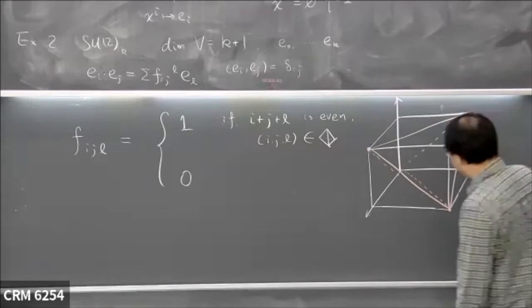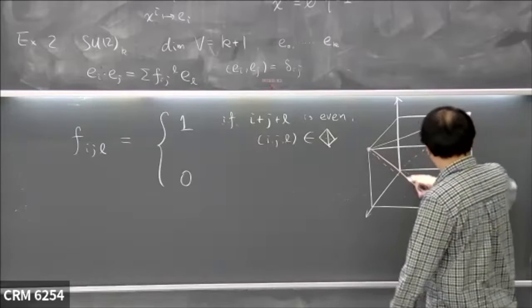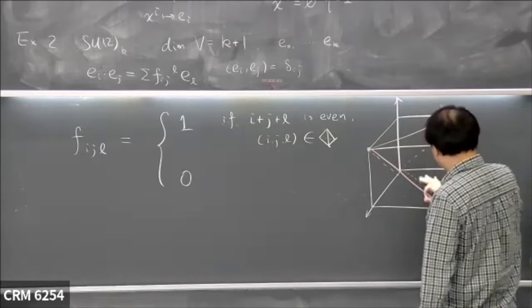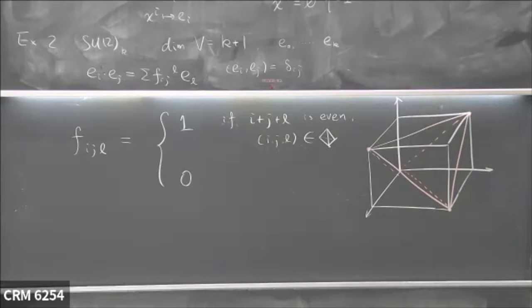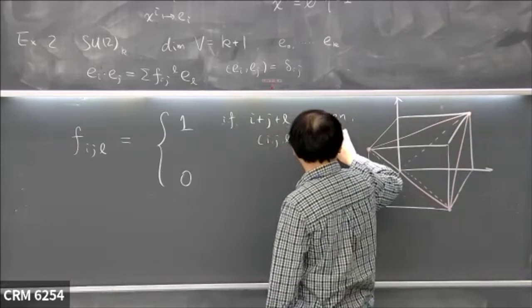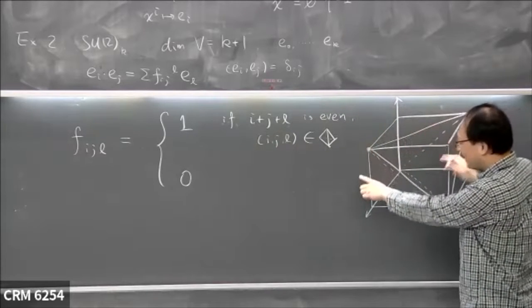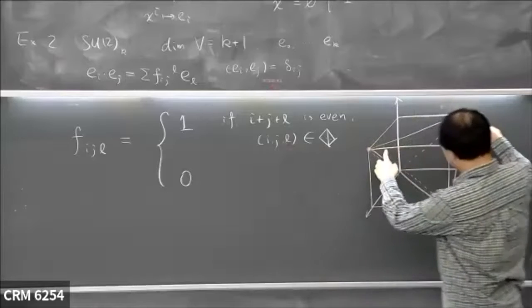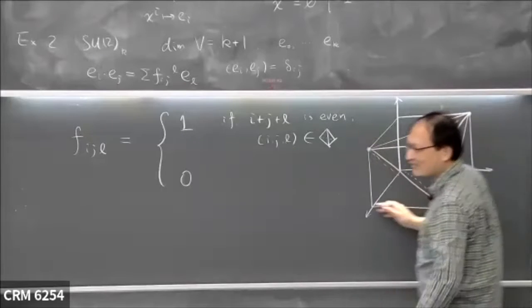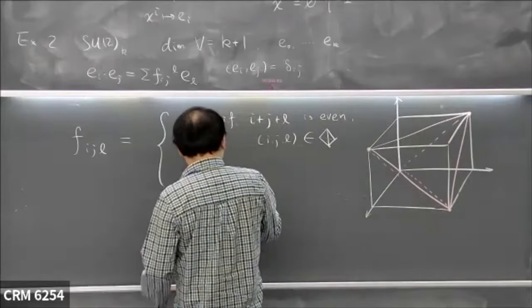I'm not drawing it terribly well, but you can clearly see there's a tetrahedron. So if the sum of all the labels is even, and if the point that this ijl represents is inside the tetrahedron, then this can be 1, and it's 0 otherwise.